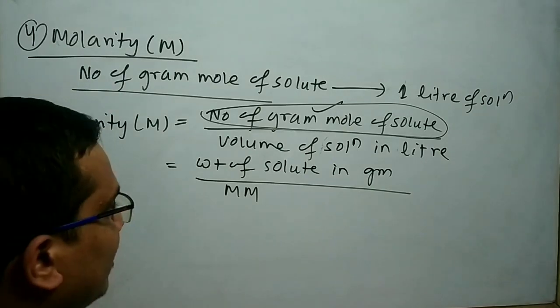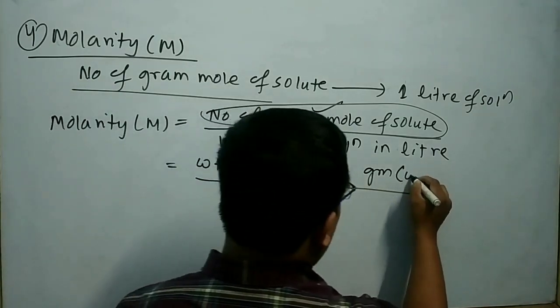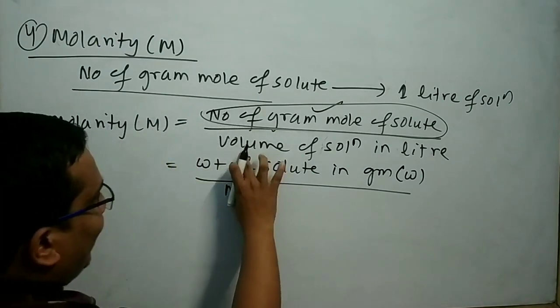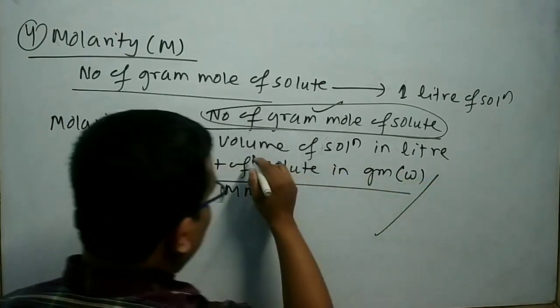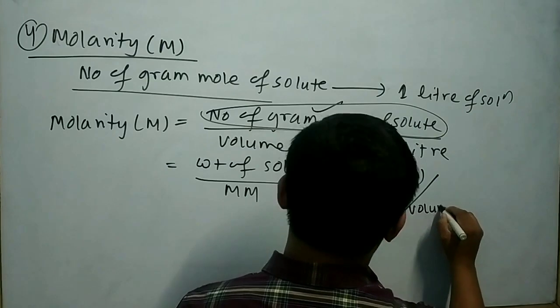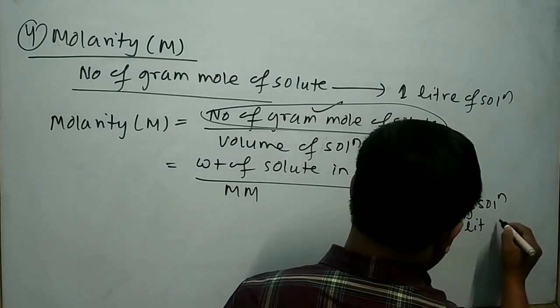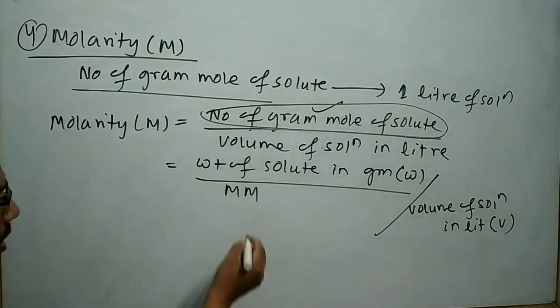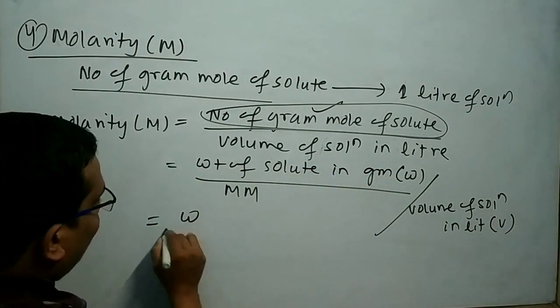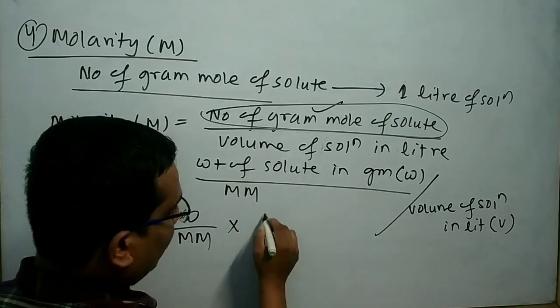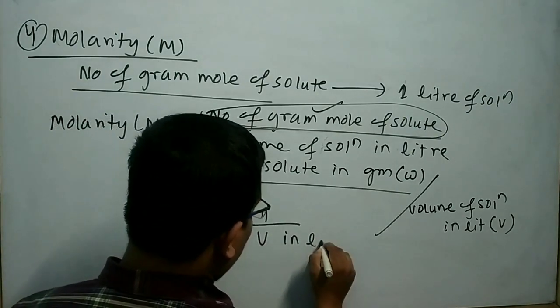Suppose the weight is W and the volume of solution in liter is V. Now I can write W by Mm into 1 by V in liter.